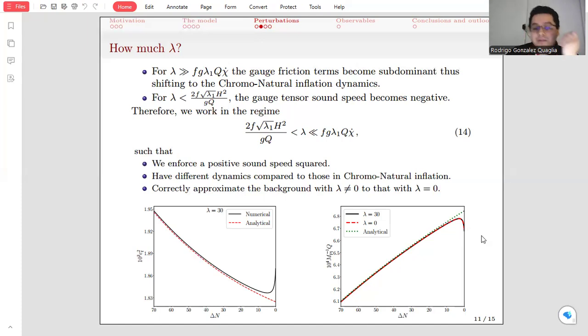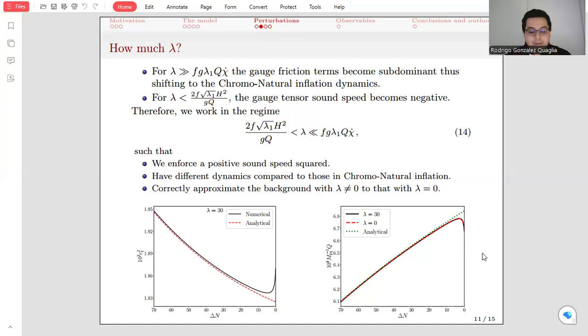Therefore, this means that at the level of the background, the case for lambda equals 0 is good enough that it captures the same dynamics, or very close dynamics, as the case of lambda equals 30. And we are even comparing our analytical approximation here in blue, and we also see that it's in very good agreement.